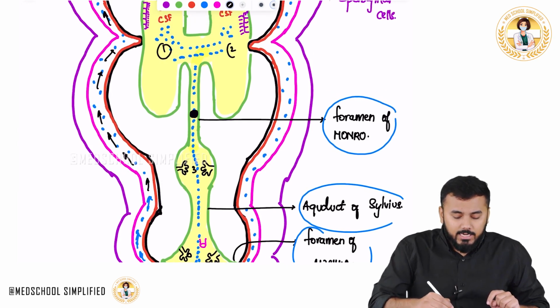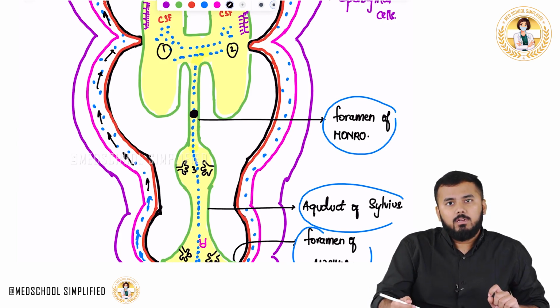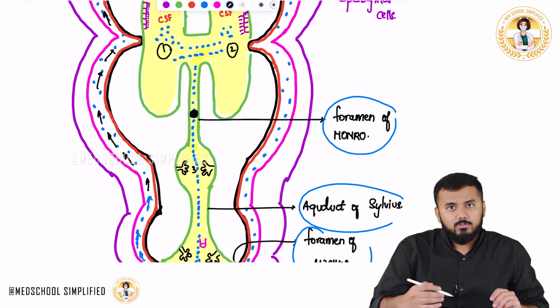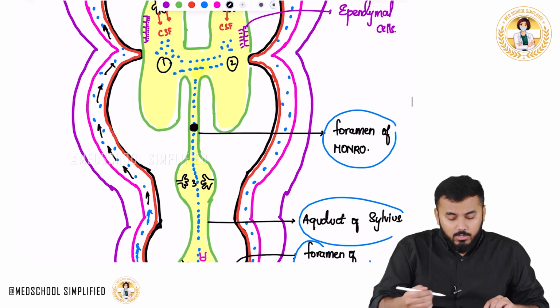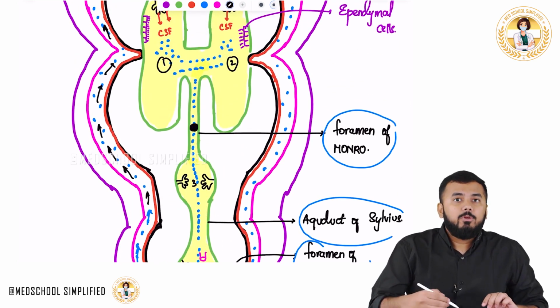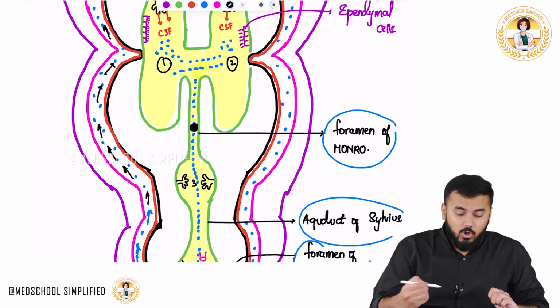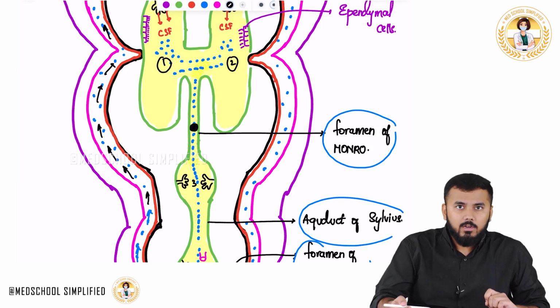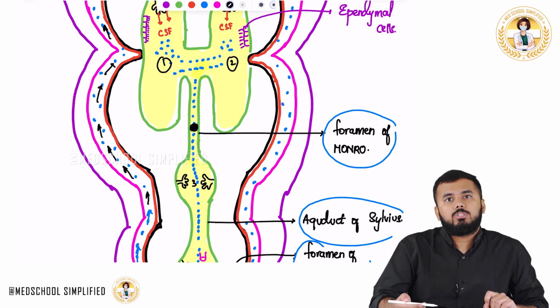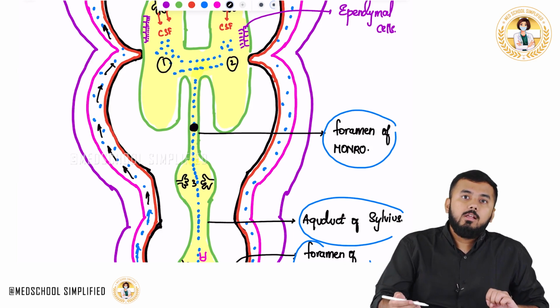Can the first and second ventricles communicate with the third one? No. Now, the first and second have become separate from the third and fourth. Yes or no? So, such a type is communicating or non-communicating? This obstruction is not allowing the first two ventricles to communicate with the third ventricle. That is why such a type of obstruction is called a non-communicating obstruction.